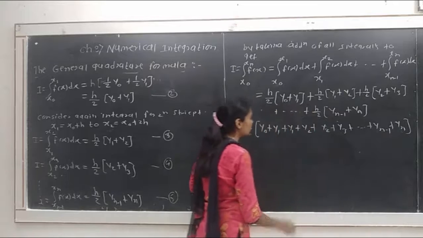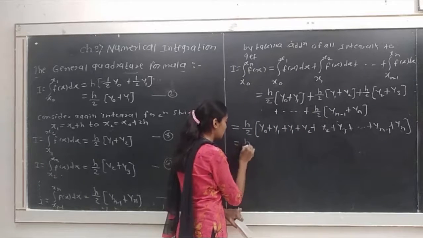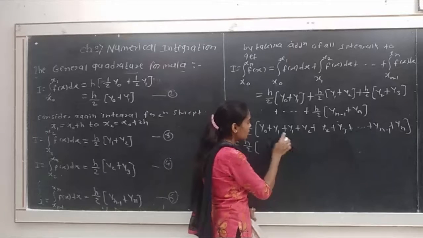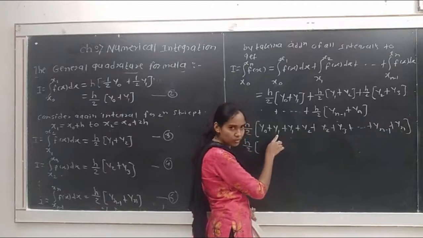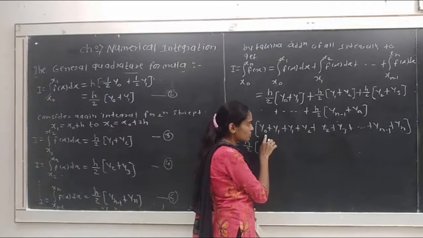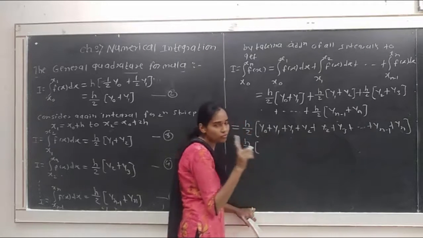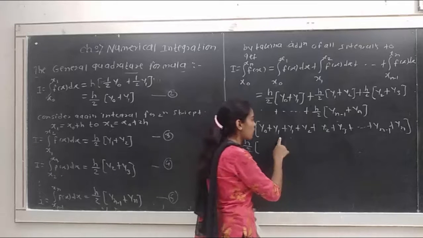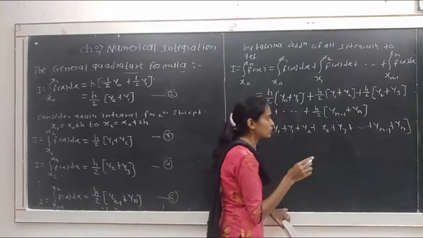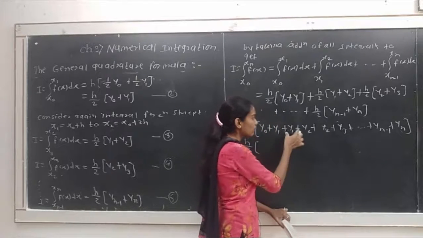So if we observe here in bracket, all the values of the function, excepting the first value of the function at the first point and last point, will be 1 time, and all other values of the function at all the points, that is at points x1, x2 to xn minus 1, will be repeated values.